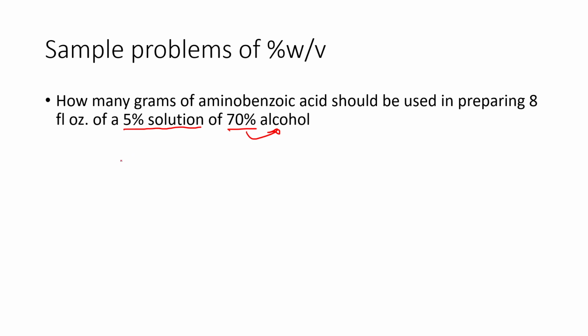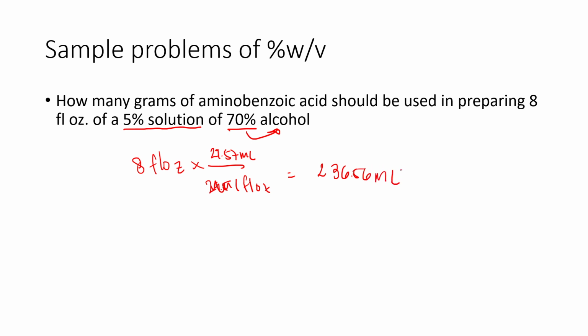So, let us convert 8 fluid ounces first into ml. 1 fluid ounce is 29.57 ml. 8 times 29.57, you will have 236.56 ml.